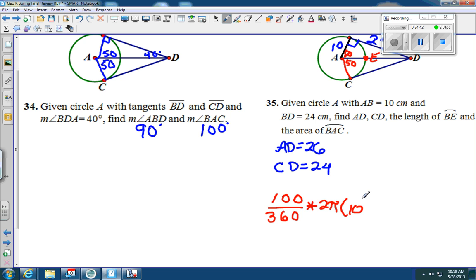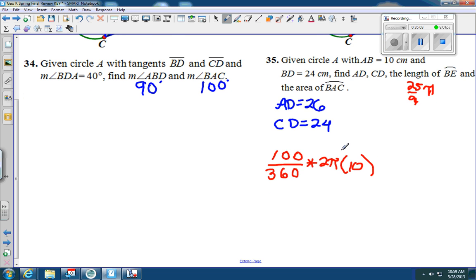When you multiply that out, you get 25 over 9 pi. It's a 9, not an A, but you get the picture.